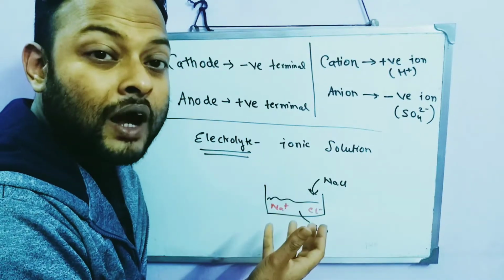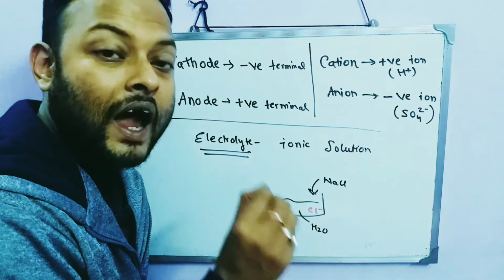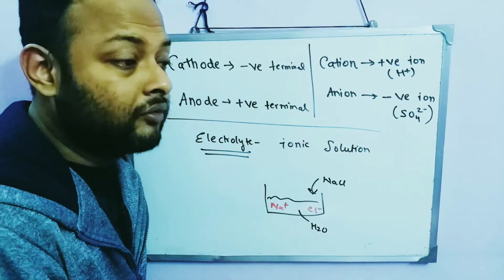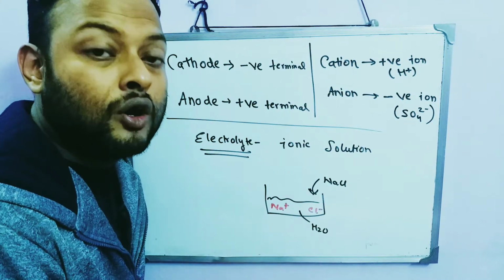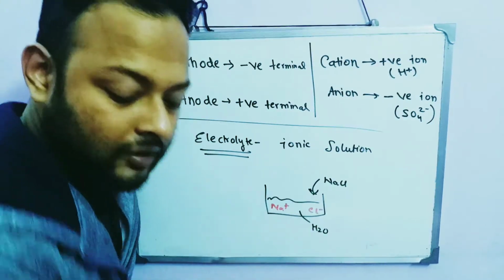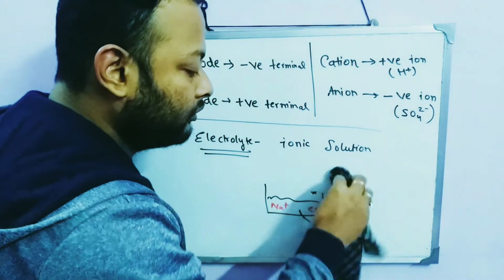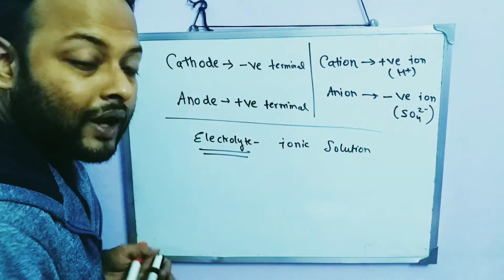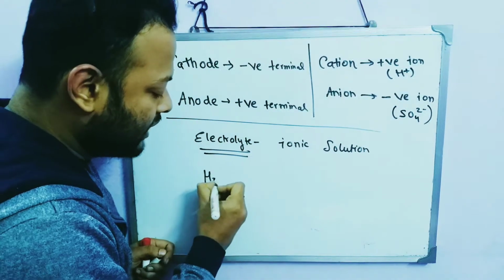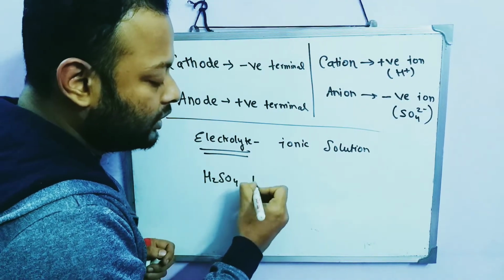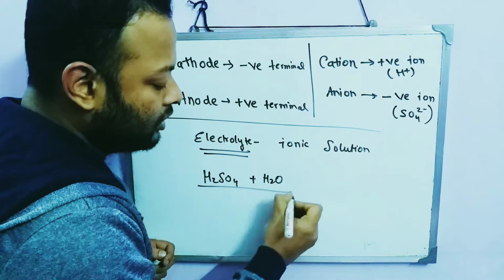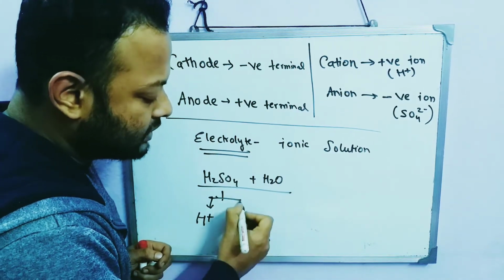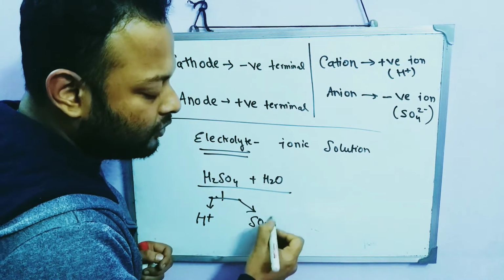So how to form an ionic solution? When you add an ionic compound in it. Ionic compounds are what? Salts. If you add some salt, or say sulfuric acid, if you add sulfuric acid H2SO4 into water, this H2SO4 will break into H plus and SO4 2 minus.